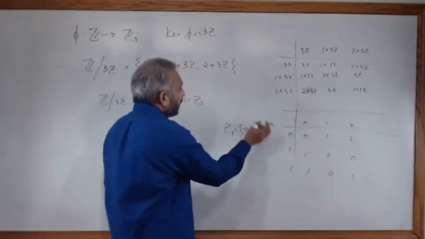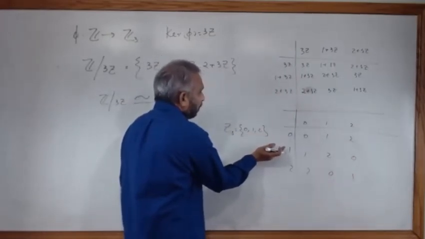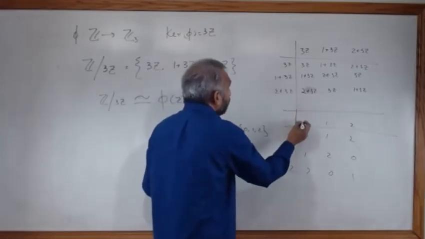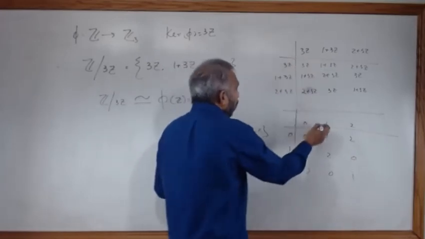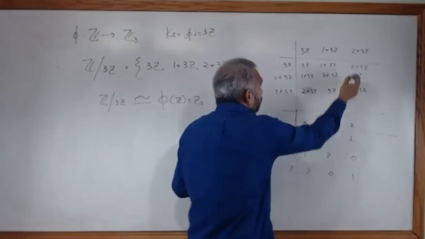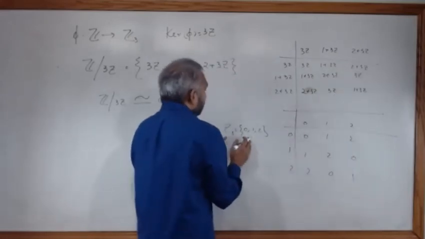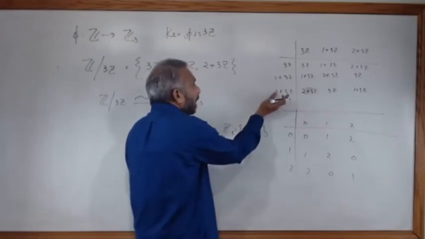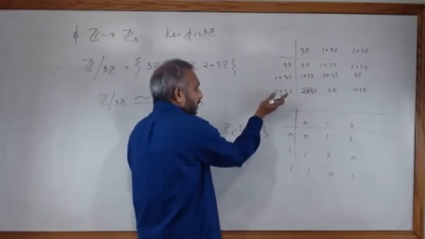See, when you fill this multiplication table, we are filling exactly like this, replacing 0 with 3Z, 1 with 1 plus 3Z, and 2 with 2 plus 3Z. So this Z3 behaves exactly like our factor group.